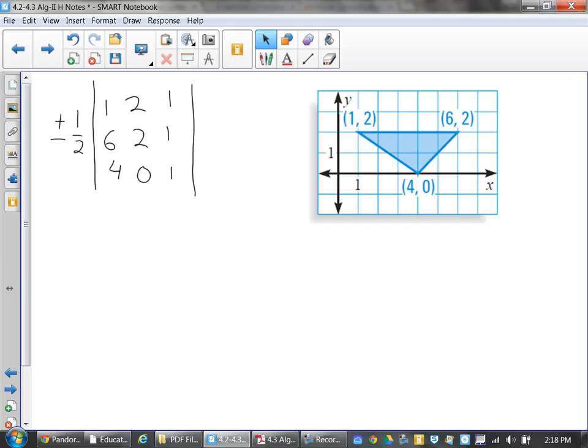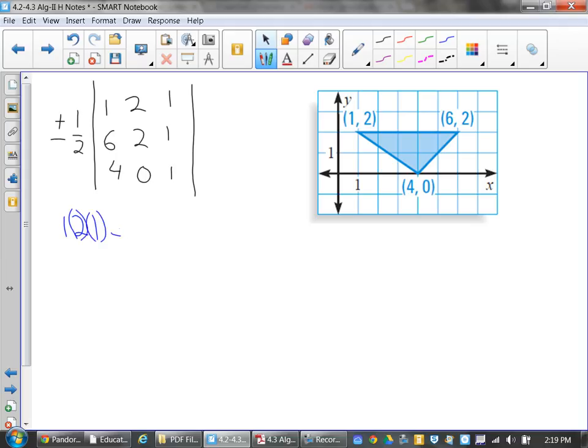So now you get these ordered pairs that are so easy to work with. As you work down your diagonals, you have 1, 2, and 1, plus 2, 1, 4, plus 1, 6, 0. Well, that's 2 plus 4, which is 6. My downward diagonals equal 6.